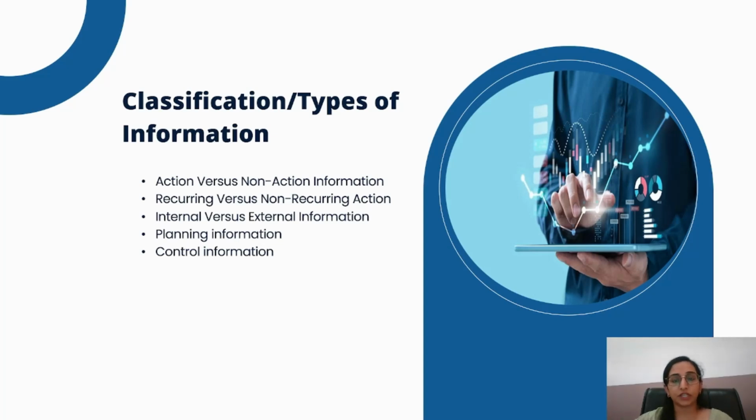The information generated at regular intervals is recurring information. The monthly sales reports, the stock statements, the trial balance, etc. are recurring information. The financial analysis or the report on the market research study is non-recurring information.